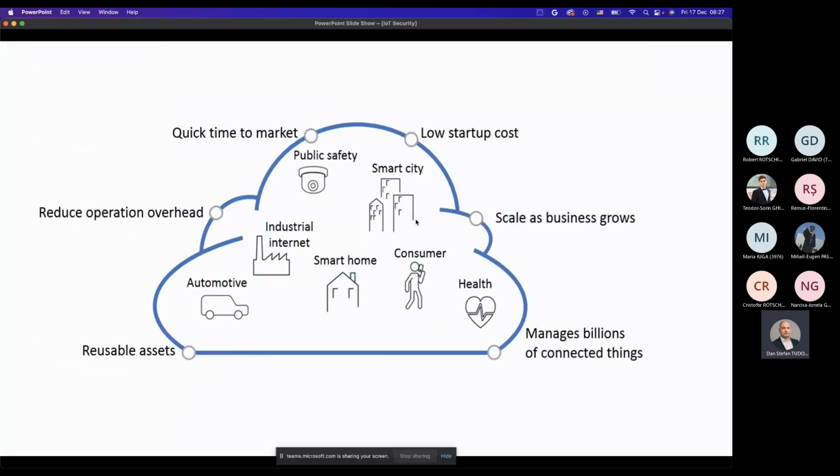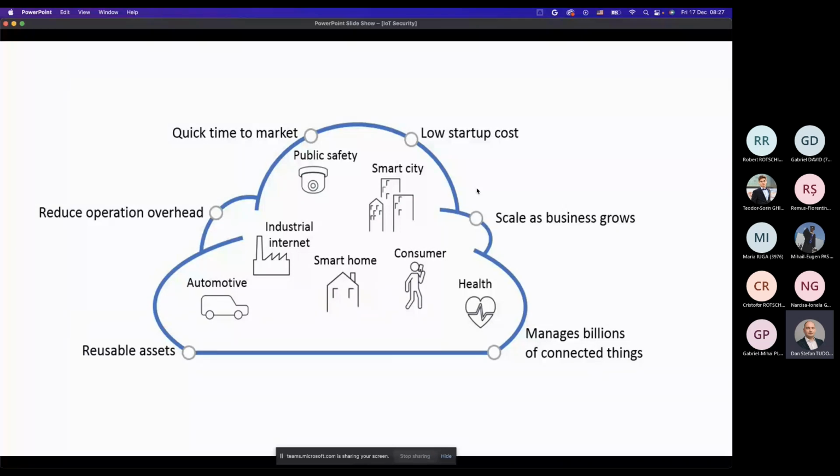So you have this cycle of bringing a startup to market, and you scale it as the business grows. And if you develop it in the IoT sector, then you might very quickly end up managing billions of connected devices which have your solution running on them.